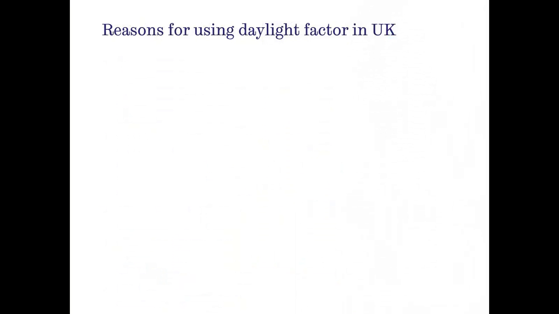So let's move on. Reasons for using daylight factor in the UK. It provides for a worst case scenario. So if you design using daylight factor, you've designed for those cloudy, dull days in the UK. If you can make it work in terms of providing the right level of illuminance, you know it will work throughout the year.